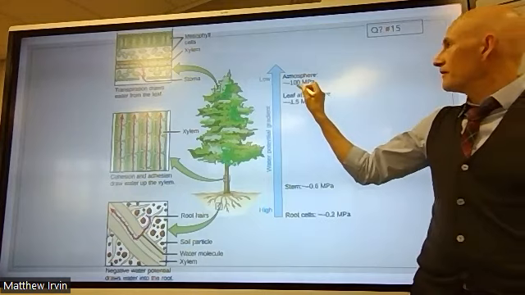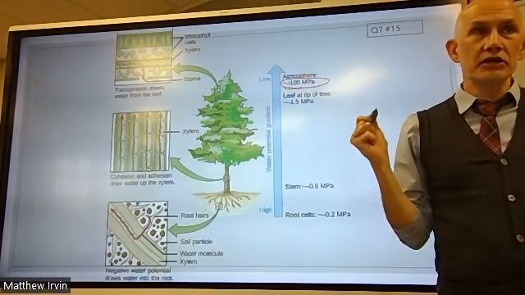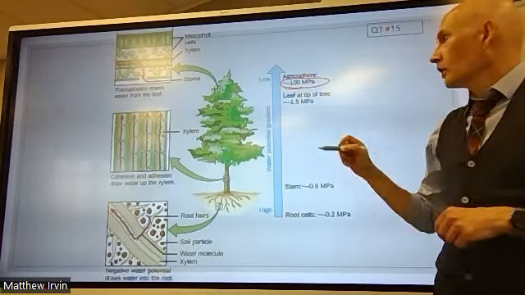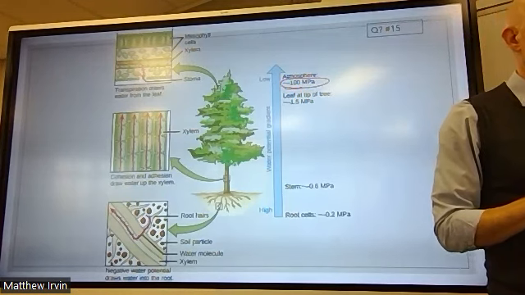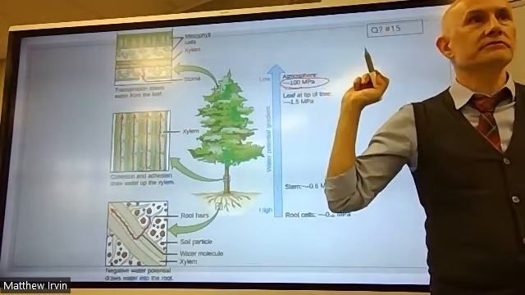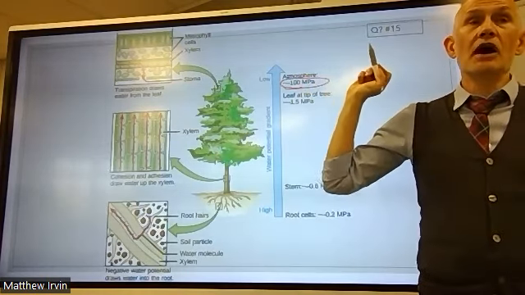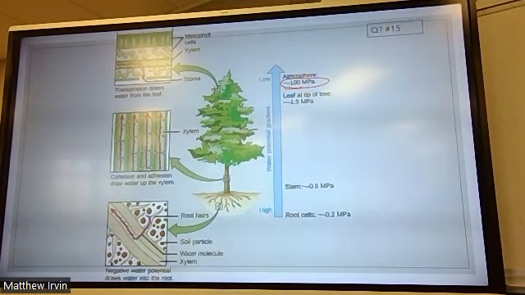So if our atmospheric water potential is -100, what happens if the humidity goes up in the air? What's going to happen to your atmospheric water potential? It's going to go up. What will happen to your transpiration rate then? It will go down, because if it's humid out, you'll have less evaporation out of the leaf, and then you'll have a lower transpiration rate.